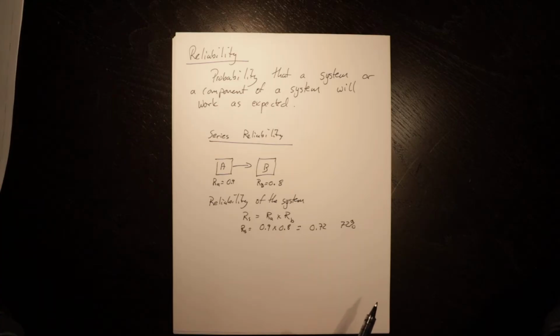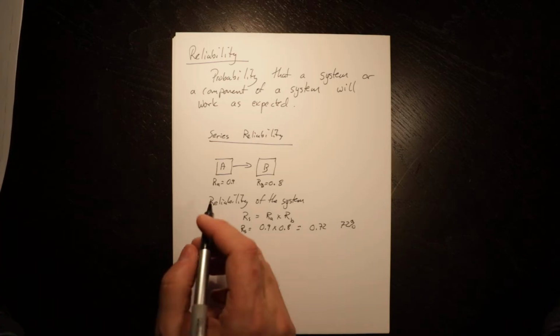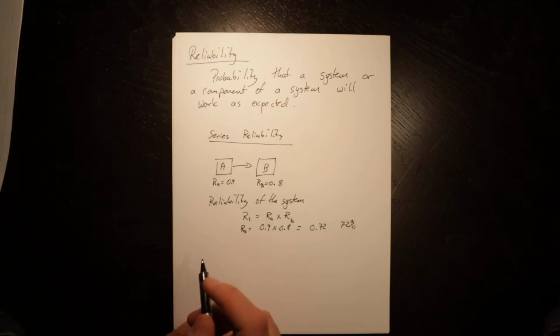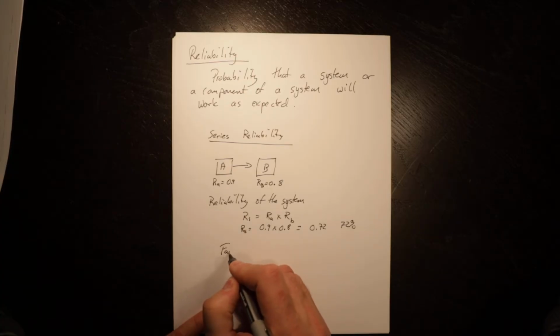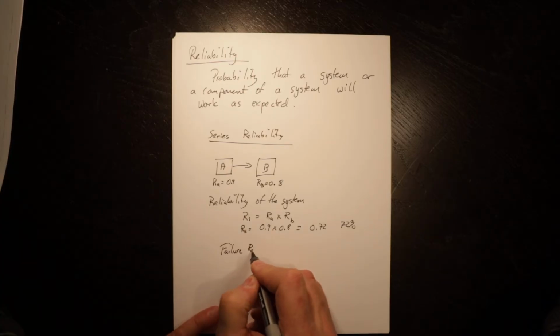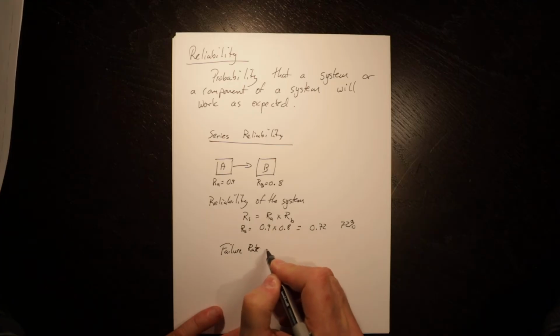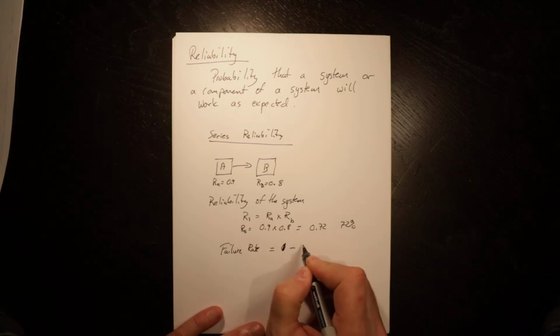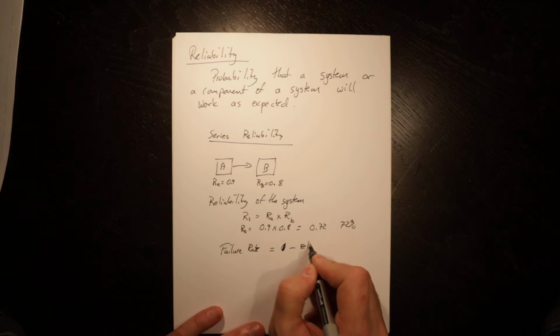The only place that people go wrong is, I could say, look at this series reliability, but the failure rate of A is 10%. And failure rate is equal to 1 minus the reliability.